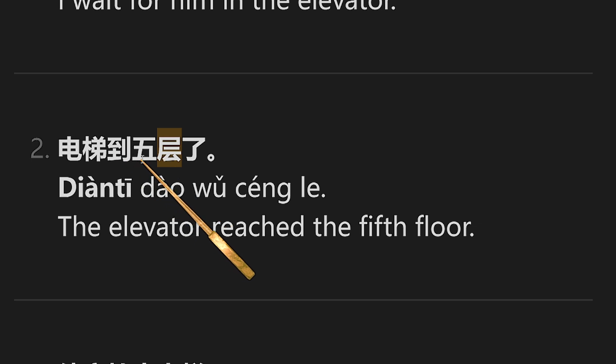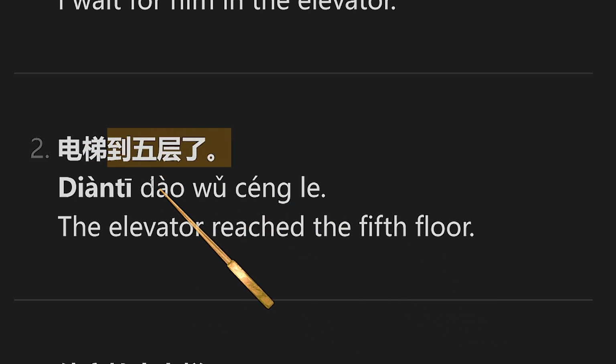So 5层 5 floor, or as you can see here, 5th floor. I think because it's up to something, so it's implied it's 5th floor. So 电梯 the elevator 到5层了 reached the floor.